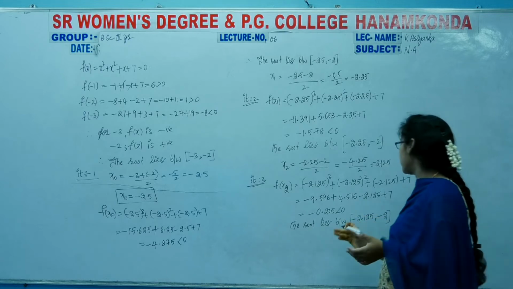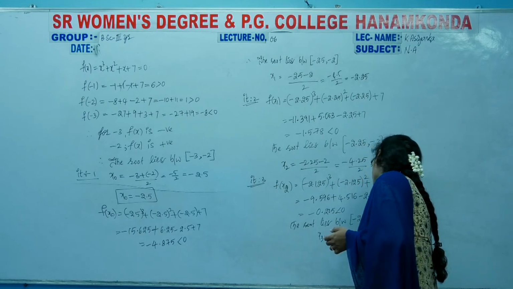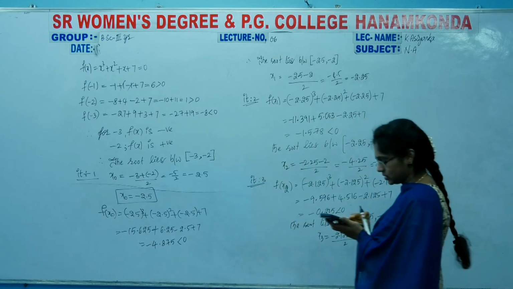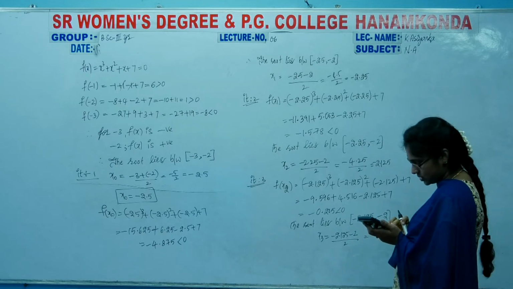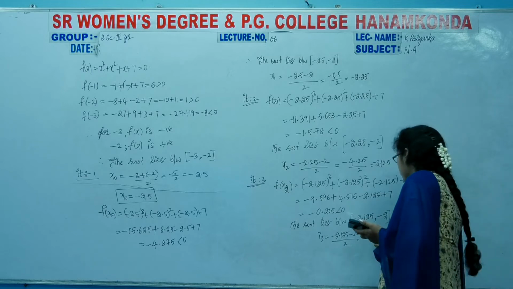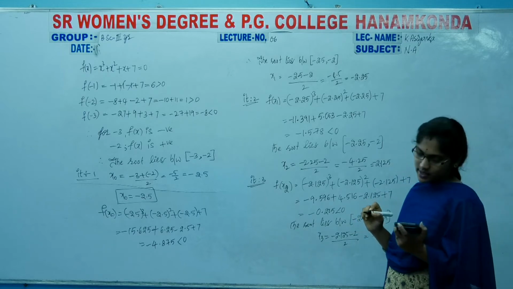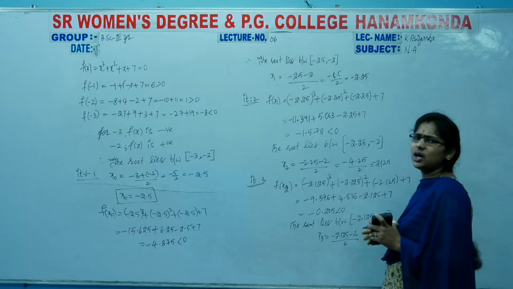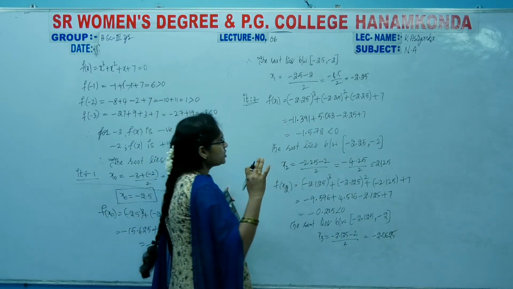Now we have to calculate x3 equal to (minus 2.125 minus 2) by 2. So what do we get here? Minus 2.0625. If you want, for the final iteration you can give that, but for this one I am going to take only 3 decimals.